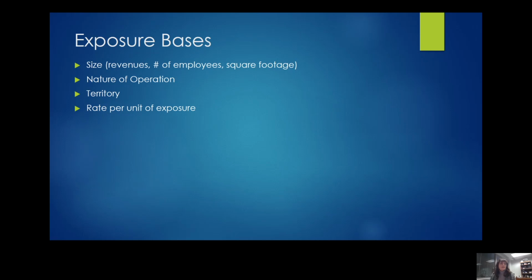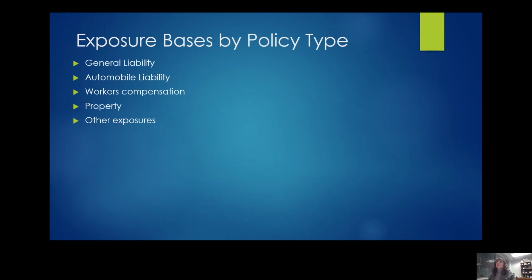Let's say it's 4 cents per $1,000 of insurable value. So that's what we mean by a rate per unit of exposure. And that unit of exposure could be per $1,000 of insured value, could be per $1,000 of revenue. It could be based on a certain percentage of your square footage. Geographic location, again, can help determine and estimate your losses. That really does play a lot into your overall cost.